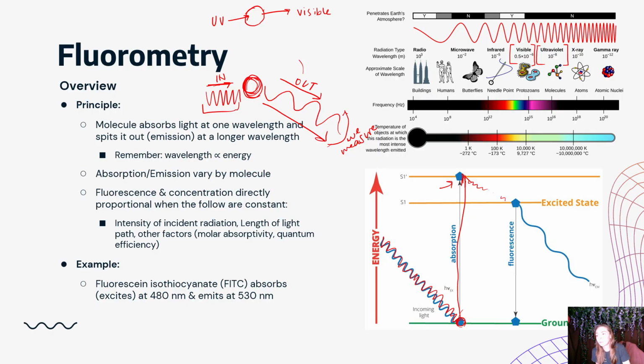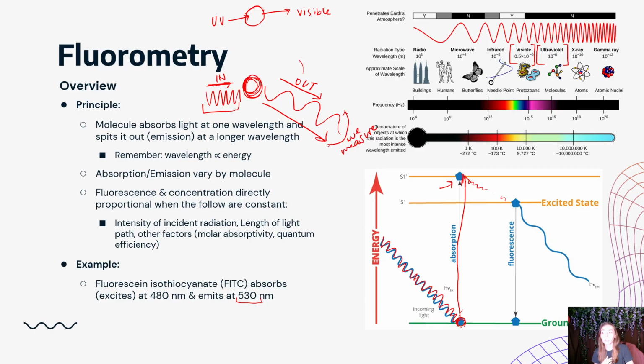We have some examples here. We have fluorescein isothiocyanate, which you will hear referred to as FITC. It absorbs light at the wavelength 480 nanometers, and then it spits light back out at 530 nanometers. And I know for a second you're like, what? That's a greater wavelength. But remember, greater wavelength means lesser frequency, lesser frequency means lesser energy.